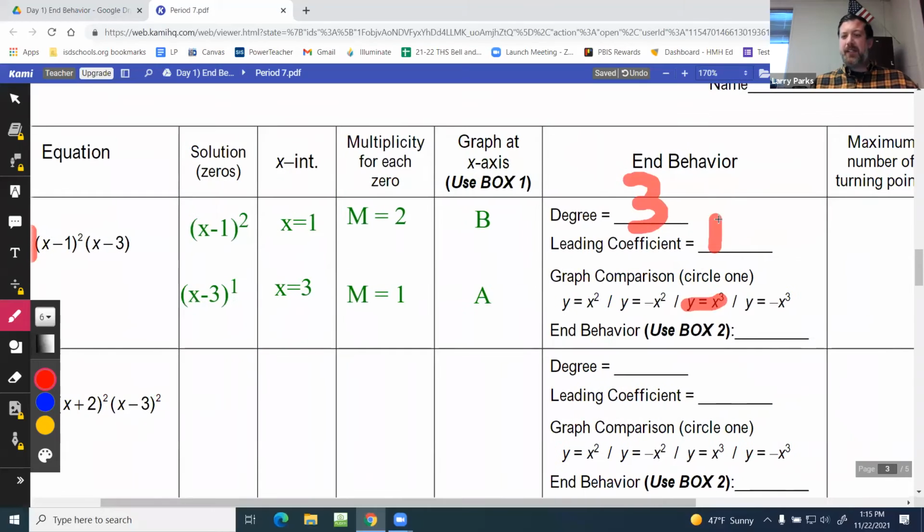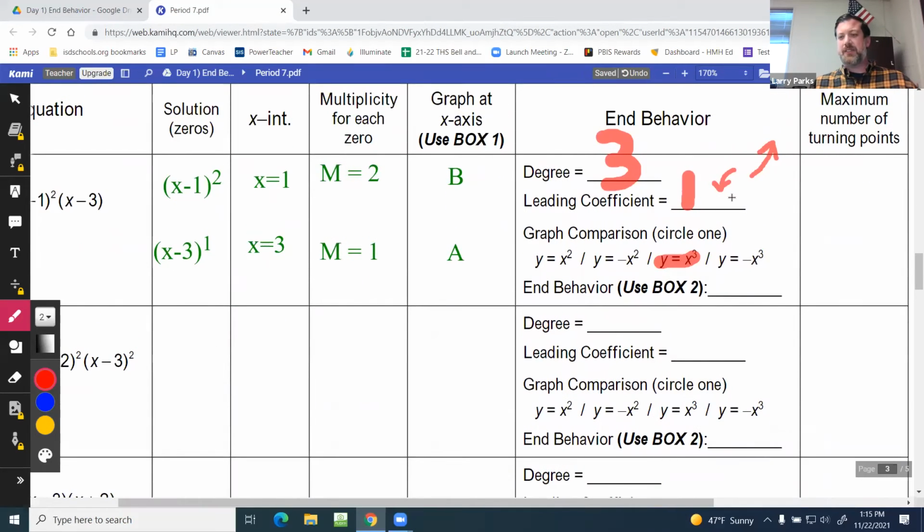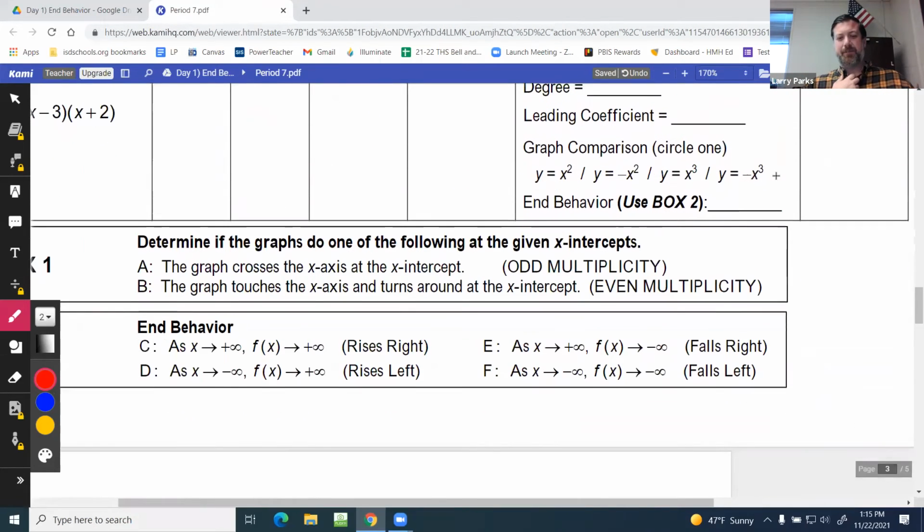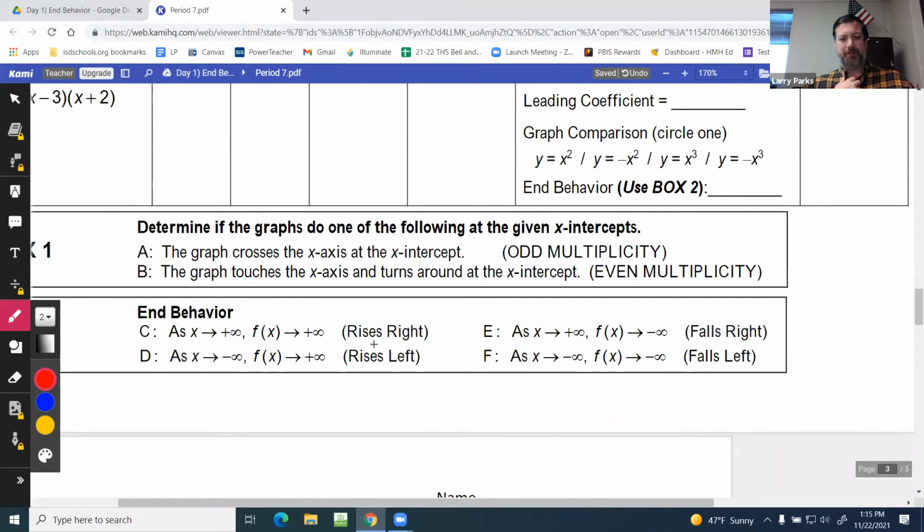Now, what's the end behavior? Well, if the leading coefficient is positive, which it is, it's going to open up on the right. And if the degree is odd, it does the opposite on the left. So I need to go down here, box 2, and look for the one that says negative infinity on the left, but positive infinity on the right.